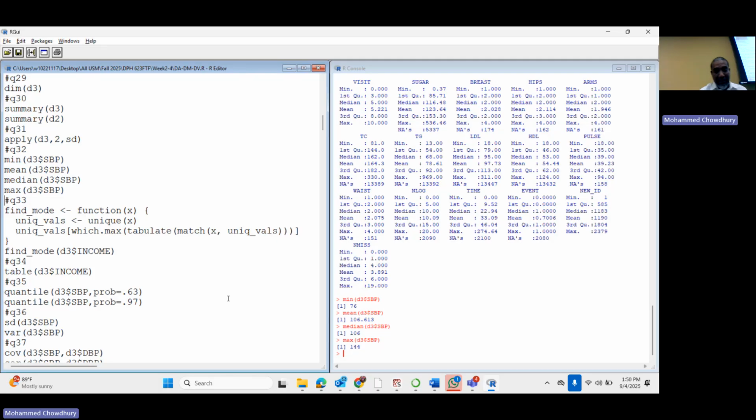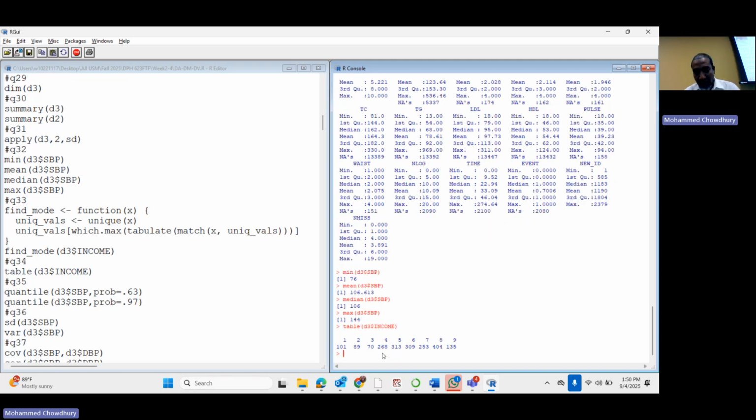Income has how many levels? If I write table, D3 dollar sign income, level 1 appears 101 times, 2 appears 89 times, 3 appears 70 times, and the highest is 8, appearing 404 times, right?